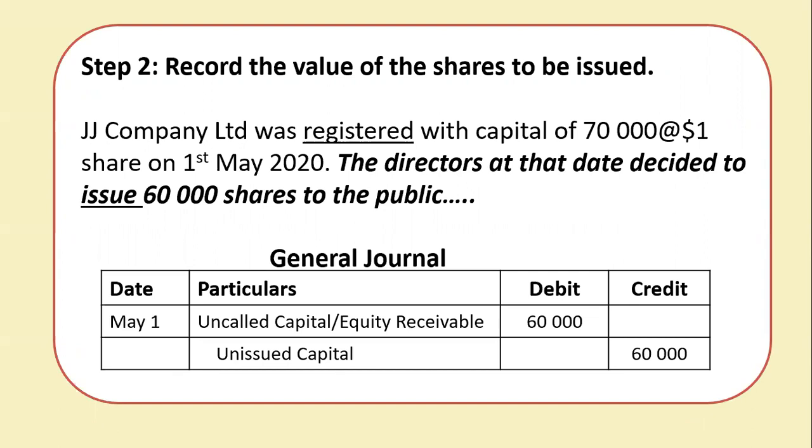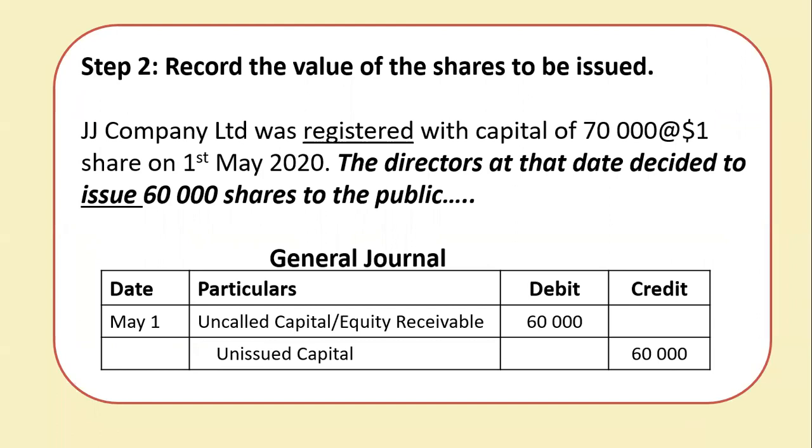The date is the same as the registered or authorized capital, May 1st, and the entries are uncalled capital or equity receivable and unissued capital. In the first entry in step number 1, unissued was debited. But now, since the shares are already issued, unissued will be credited. So the account will cancel off.